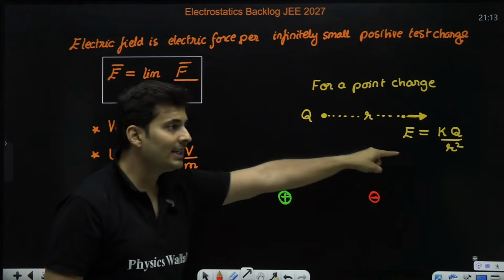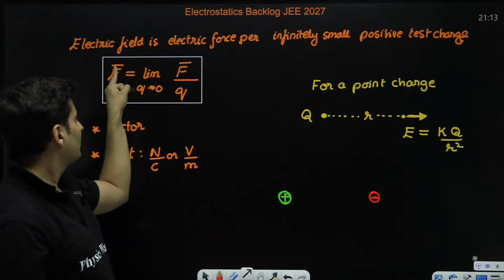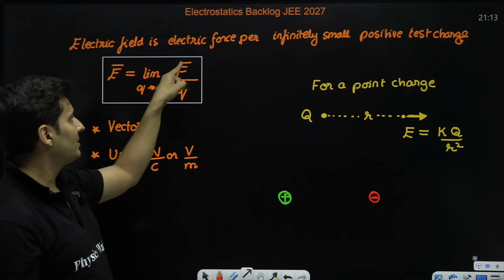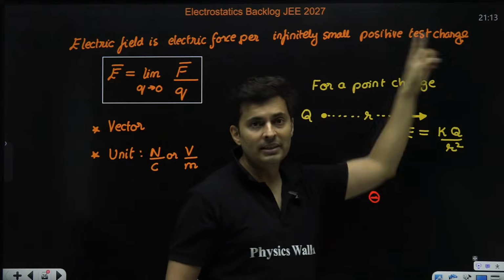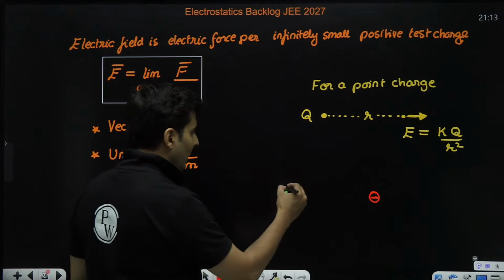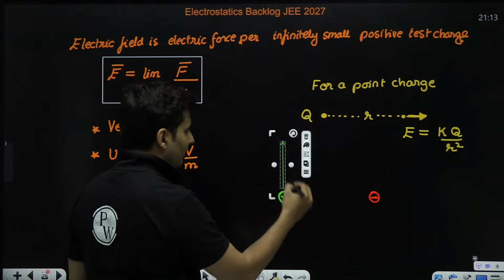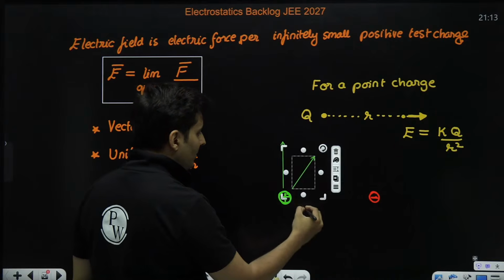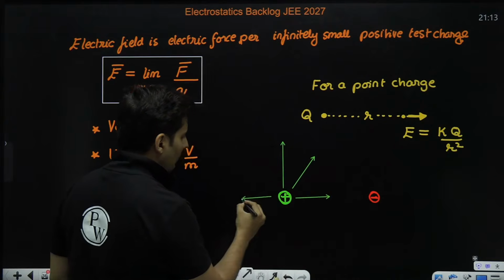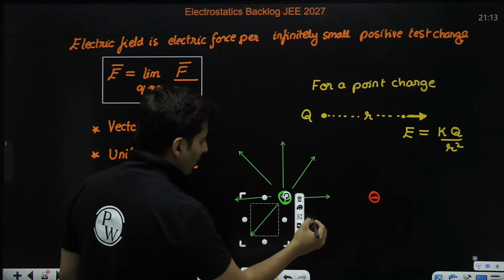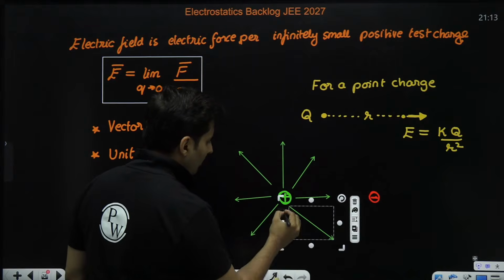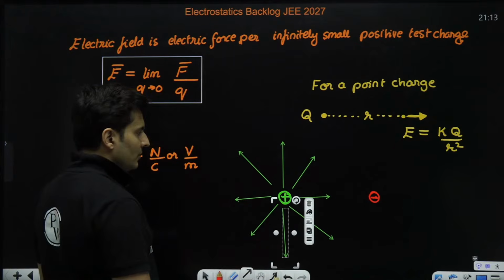So the field direction, this is a vector quantity, will be the same as the force. The force will always be repulsive on a positive test charge, so the force will always be away from the positive charge. That means the field will also always be away from this positive charge.